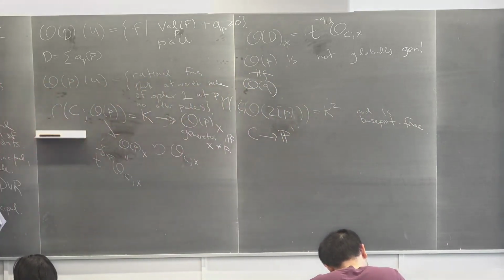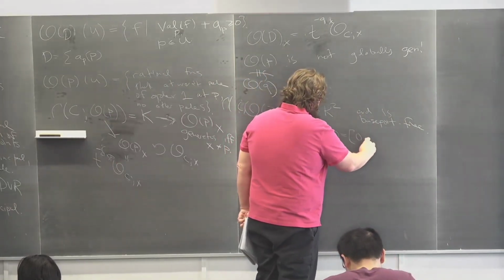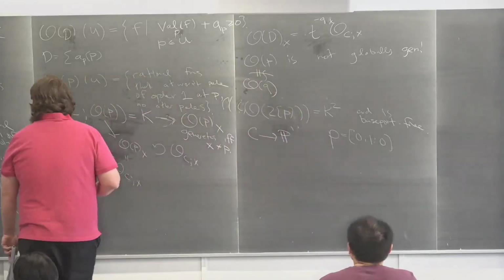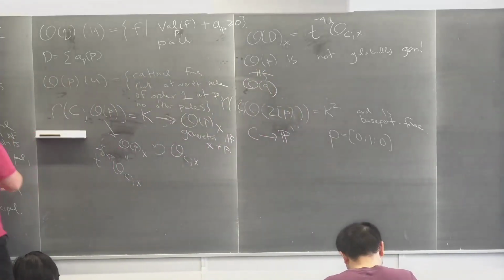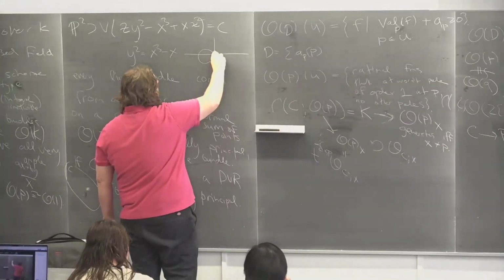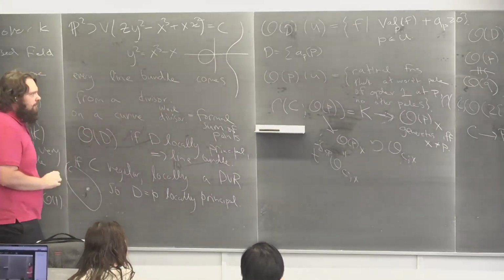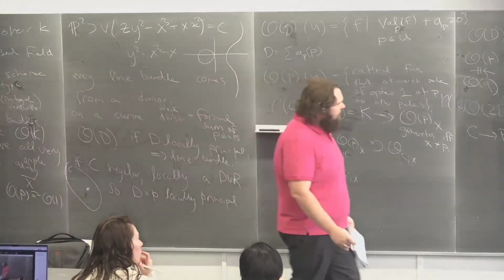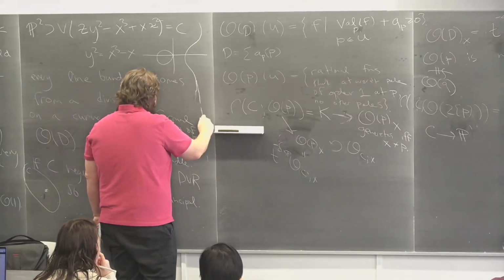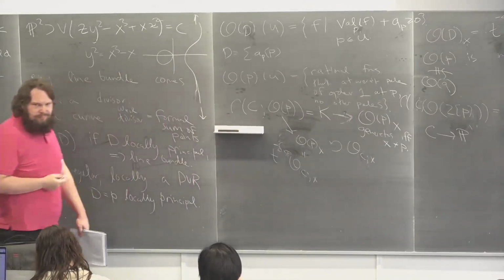And let's try to be concrete about this. Let's think about the case where P is 0, 1, 0. So usually when I look at this curve, I would draw like the real points, and I would see something like this. So 0, 1, 0 is the point at infinity that's off in this direction, which is of course the same as off in this direction.